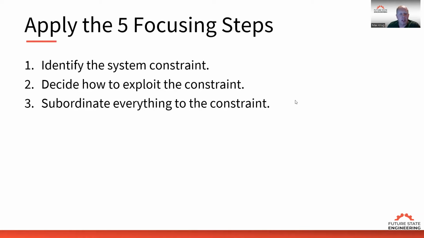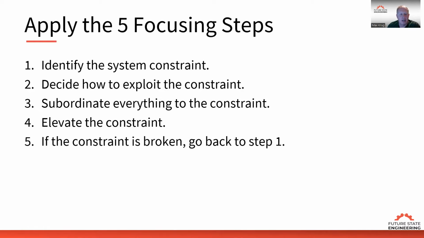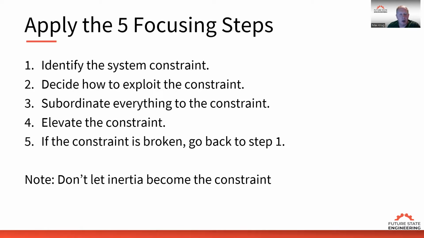Then subordinate everything to the above decision, or everything to the constraint. Then elevate the constraint. Then if the constraint is broken, go back to step 1. And there's a note here: don't let inertia become the constraint. So don't become complacent. So how do we utilize those non-bottlenecks, even though the time is negligible?